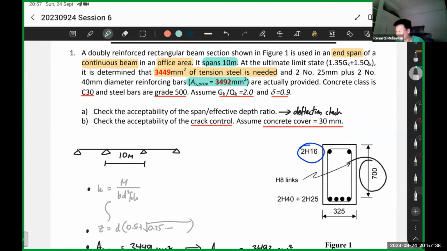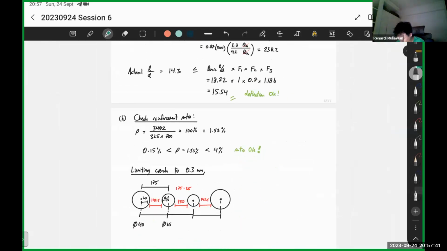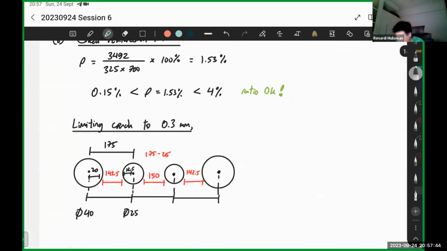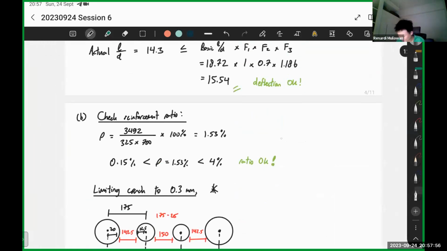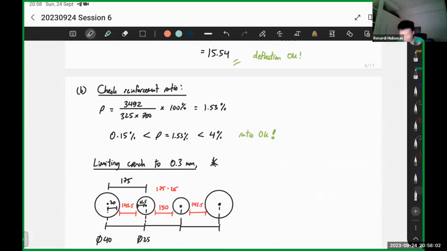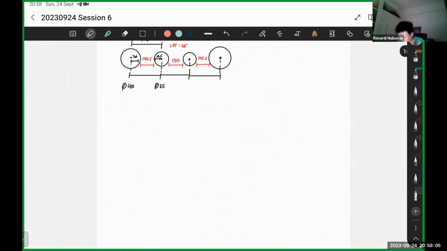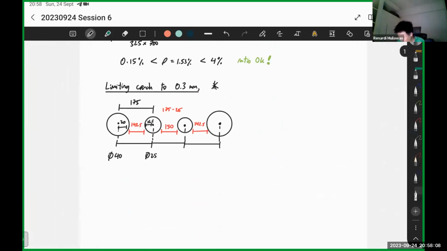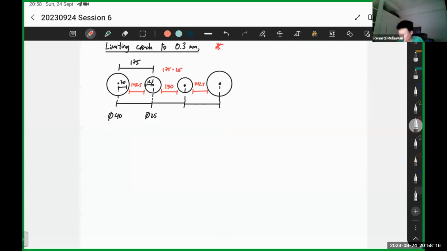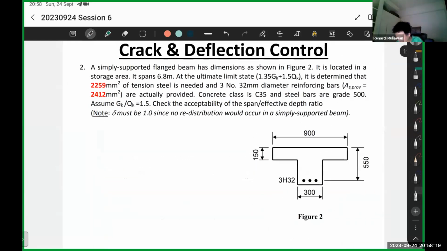Sorry, this one I need to check again. I kind of forgot how to do this, so I'll get back to you after I find out. Anyways, we've gotten deflection and reinforcement ratio. This one I'm not too sure about, I'll mark it after that, because the way I remember it is a bit different. Anyways, let's continue to the next one.